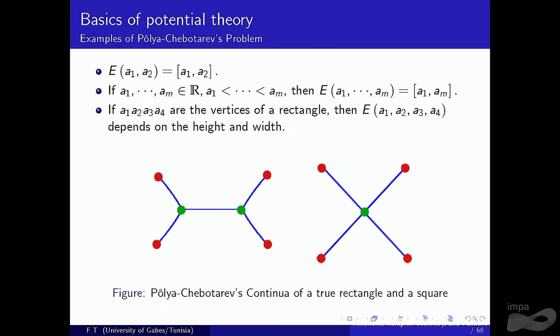Then the Polya-Chebotarev problem for 4 points that are vertices of a rectangle depends on the height and the width of this rectangle. On the left, we can see in blue the continuum containing these points, in red our points a_1, a_2, a_3, and a_4. And on the right, the continuum of the square. Okay?